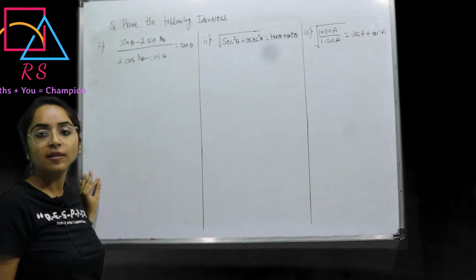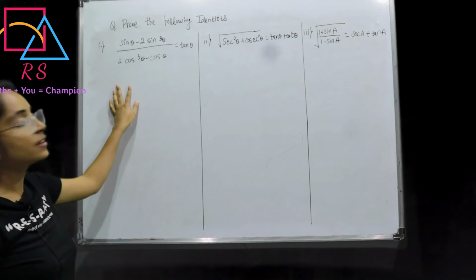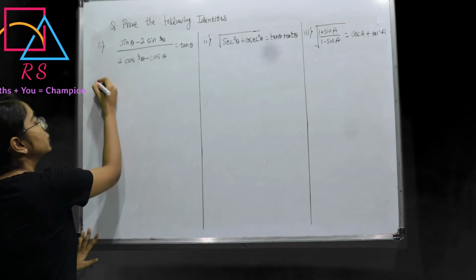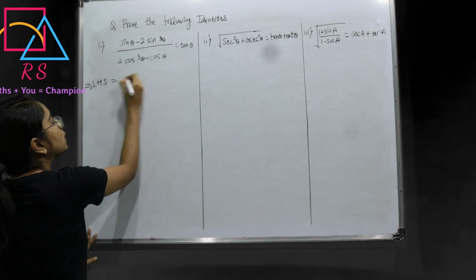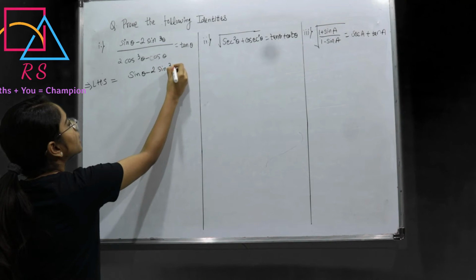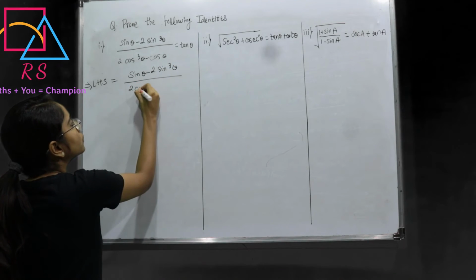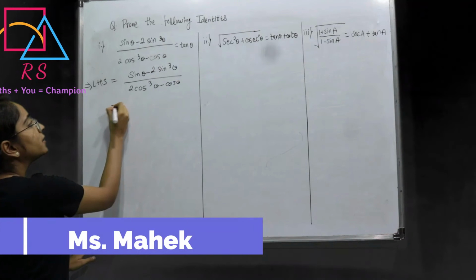These are some more examples based on proving the identities. First question is, here also we will consider the left hand side, which is sin theta minus 2 sin cube theta upon 2 cos cube theta minus cos theta. We will see if we get the RHS.